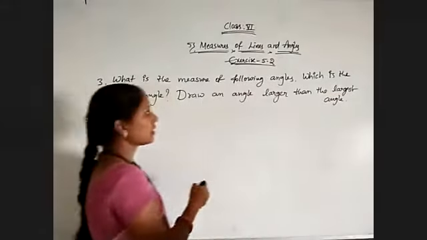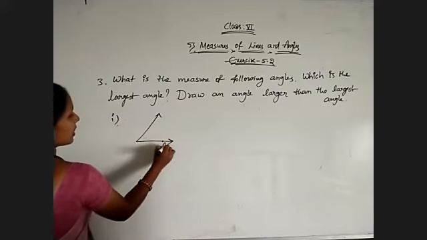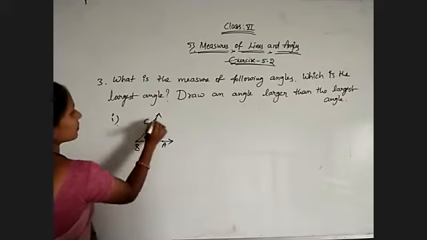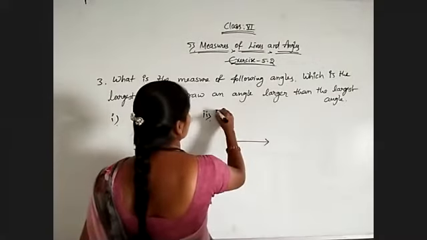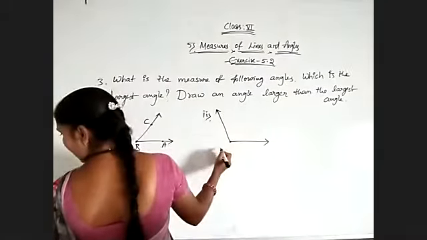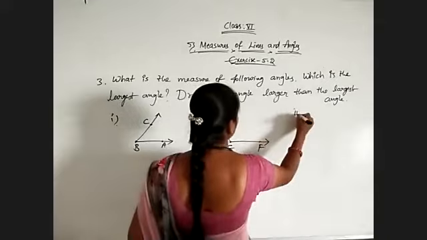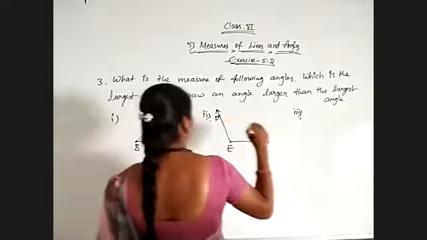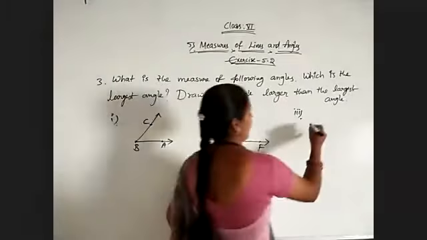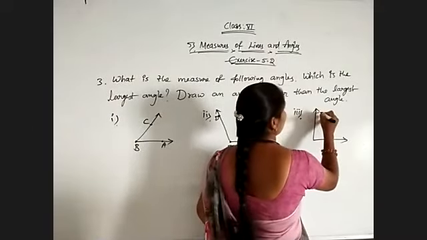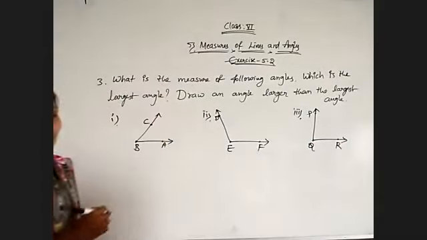Okay, observe the question. First, the angle is given like this: A, B, C, and secondly D, E, F, and thirdly P, Q, R. These types of angles are shown in the textbook.